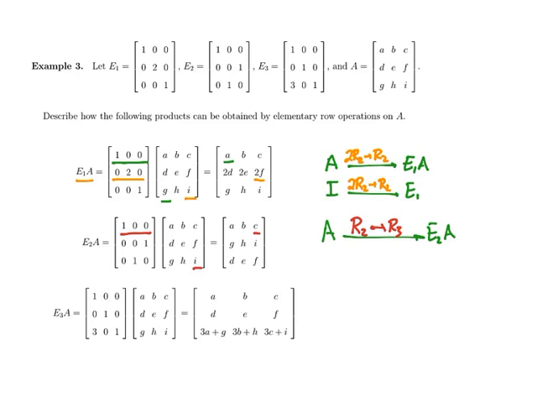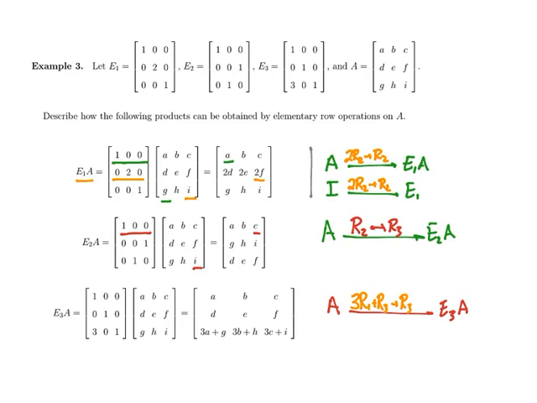And same for the third one: E3 times A, you would get 3 row 1 plus row 3 into row 3. The same operations that we described on the previous page.